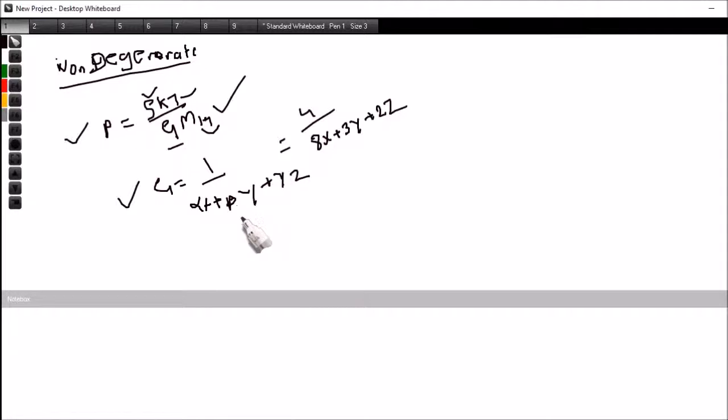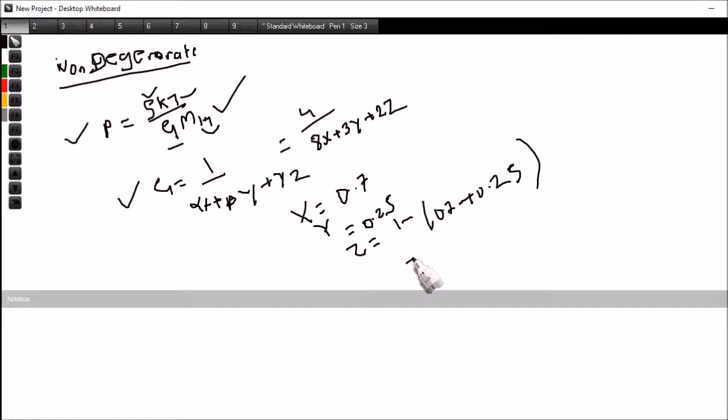In the case of the non-degenerate pressure this is the formula. What is the value of x? Since it is 70% hydrogen, that is 0.7. The value of y is 0.25. The value of z is the remaining percent, 1 minus (0.7 plus 0.25), that is 0.05. Substitute these values for x, y and z to get mu, and then you can calculate this equation.